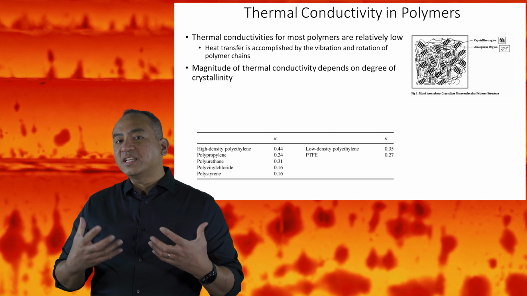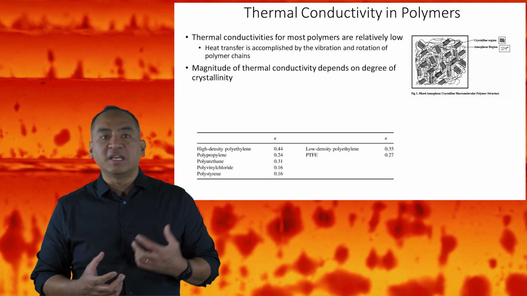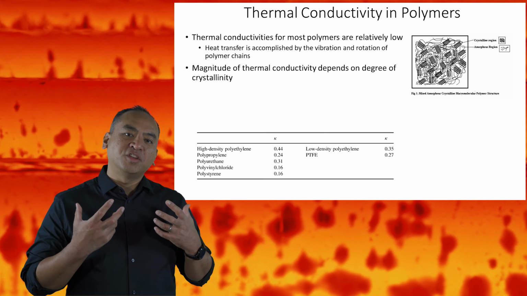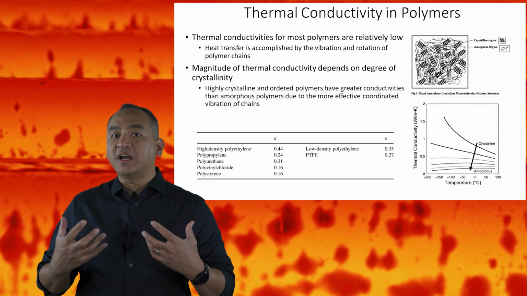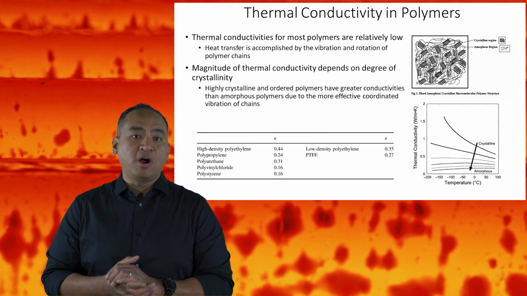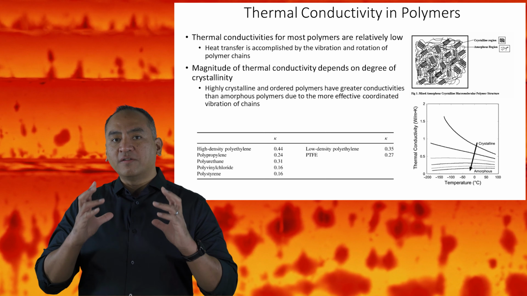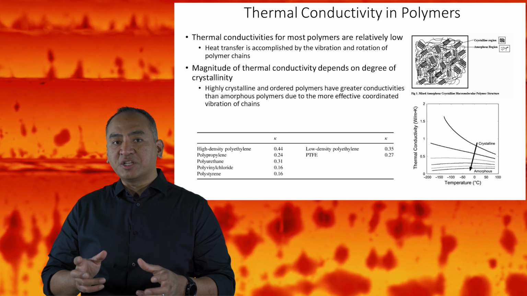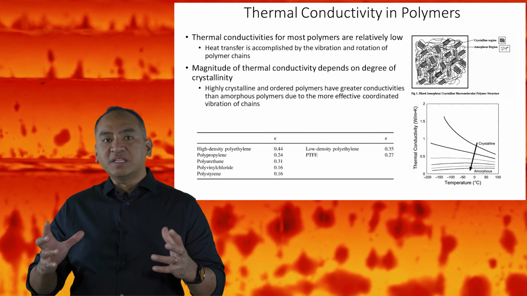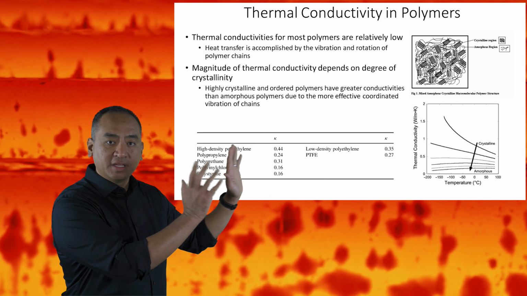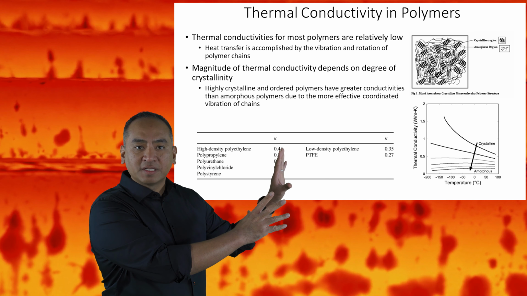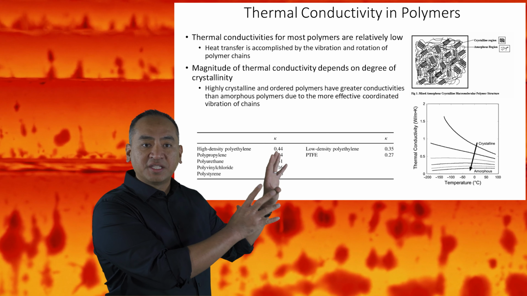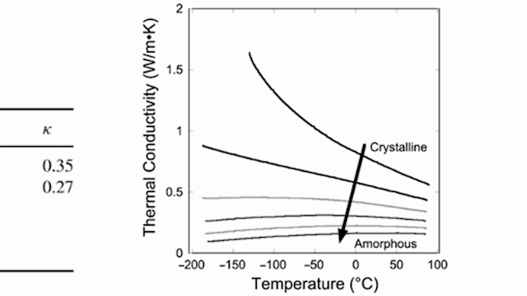Therefore, the magnitude of thermal conductivity in a polymer depends on the degree of crystallinity in the polymer. Highly crystalline and ordered polymers have greater conductivities than amorphous polymers due to the more effective coordinated vibration of chains. As you can see on the graph shown here, as a polymer becomes more amorphous, its thermal conductivity drops significantly.